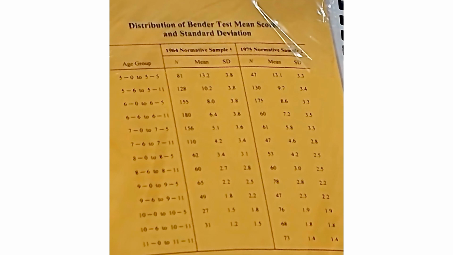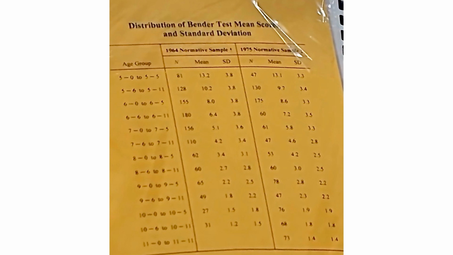But if the patient is 9 years old and he is still scoring a 7, then we can see the mean is 2.8, which means that there is some problem with the patient, and thus we have screened the patient. So depending on his age and the standard deviation on the mean that we have observed, we will either say that the patient has some visual motor problem or does not have any visual motor problem. This is one method of interpreting the test result.